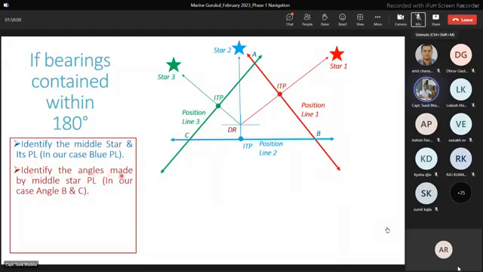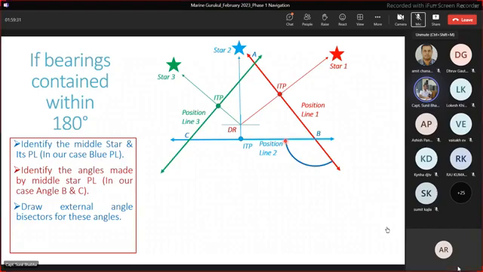We have identified the angles which are involved with the middle PL, in our case angle Bravo and angle Charlie. And now we are going to draw the external angle bisectors for these angles. Now this angle which you see in the diagram now, this is known as the external angle Bravo. It is outside the triangle and it is called external angle Bravo.